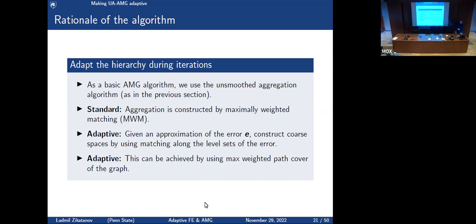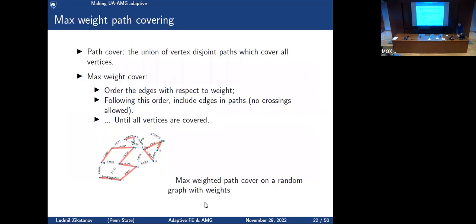We can do this by using the so-called maximum weighted path cover. That is, for a given graph, you try to collapse all the edges into paths such that the sum of the weights is maximum.